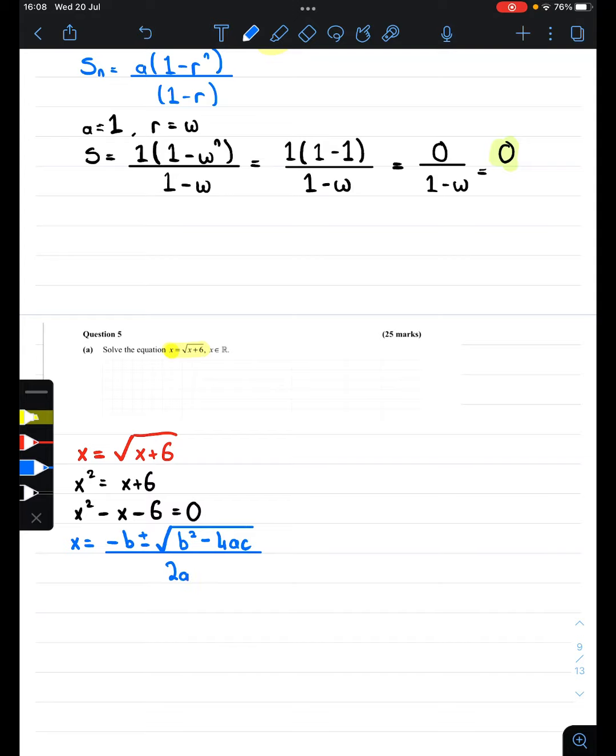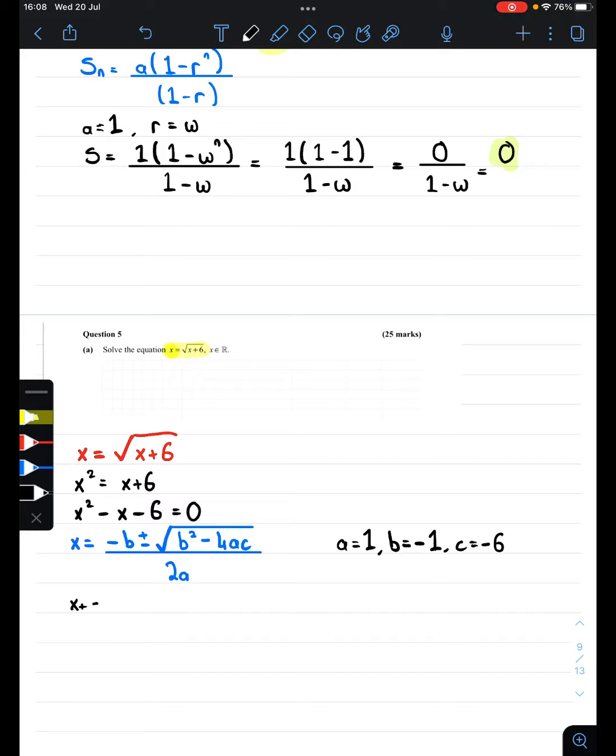Our a in this case equals 1, b is minus 1, and c is minus 6. If we just plug these into our formula, we get two solutions.